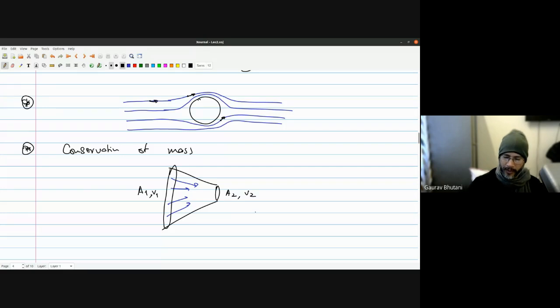In fact, if the fluid is incompressible, we can write A1 V1 is equal to A2 V2. This is conservation of mass. Because the same mass has to travel through a smaller cross section area, the speed has to increase. That is the reason if you decrease the cross section area, the speed of fluid getting released will increase.